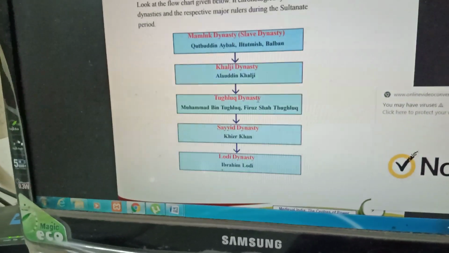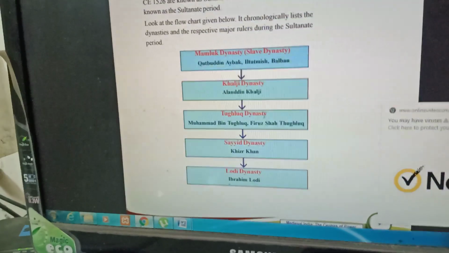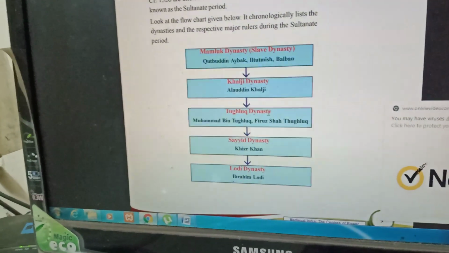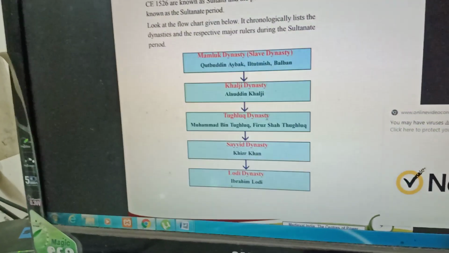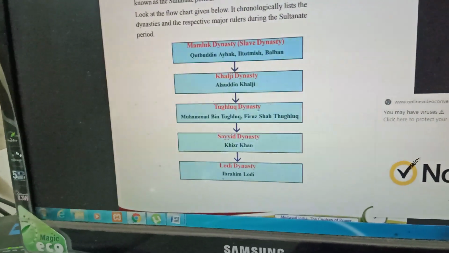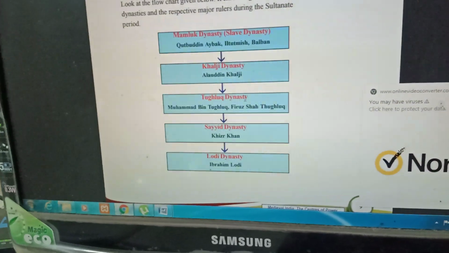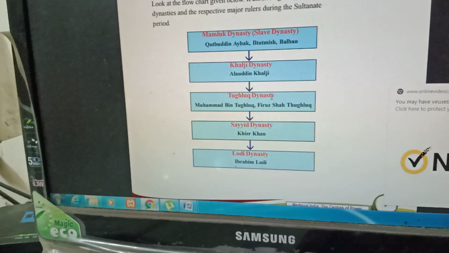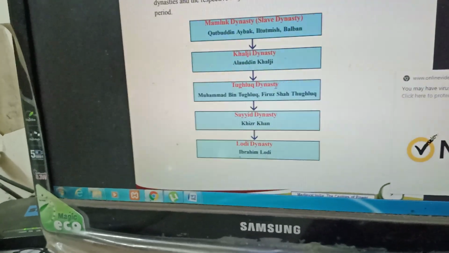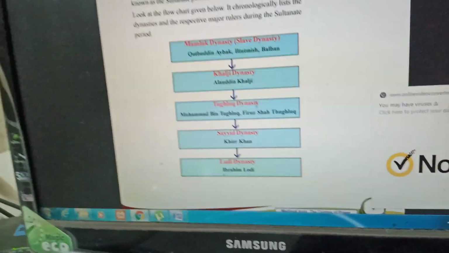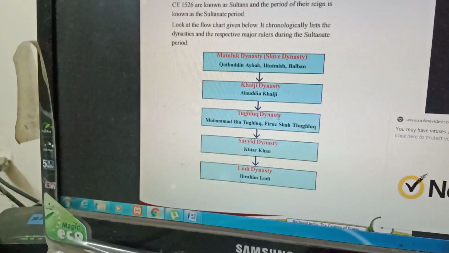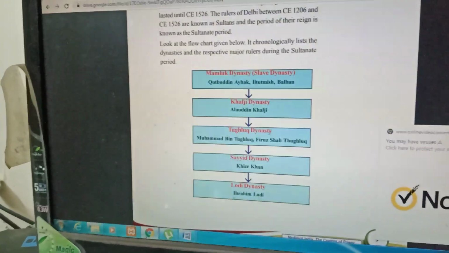The next dynasty was the Sayyid dynasty. The period of reign was from 1414 till 1451. The founder and the major ruler of the Sayyid dynasty was Khizr Khan. Then the last dynasty of the Sultanate period was the Lodi dynasty.